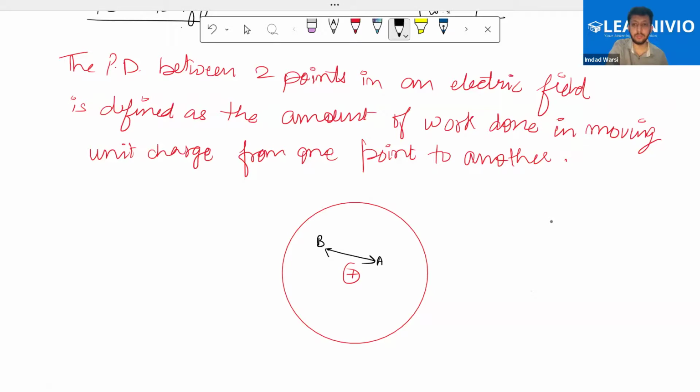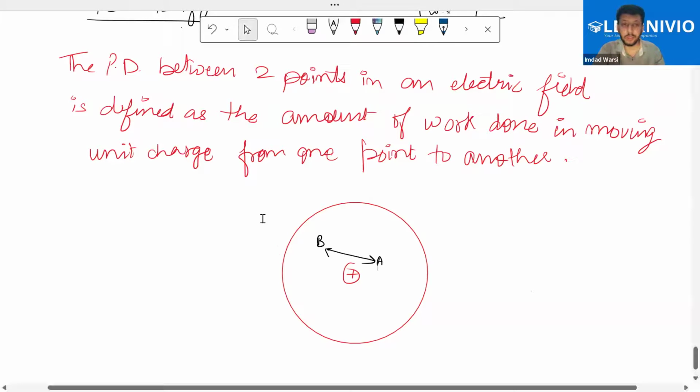Yeah, it's visible. We were talking about potential difference.